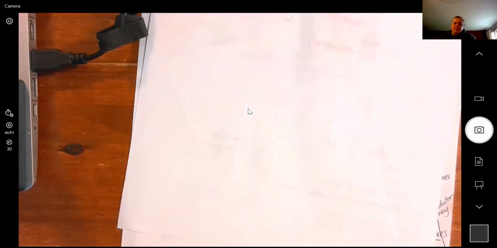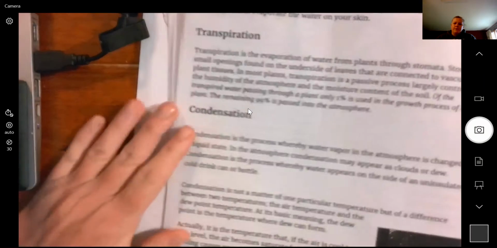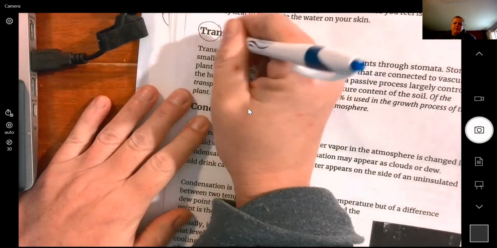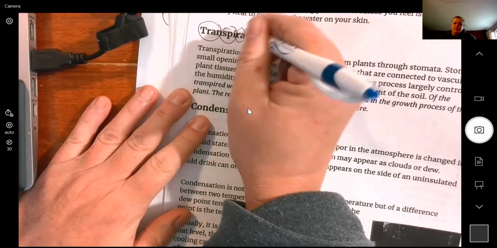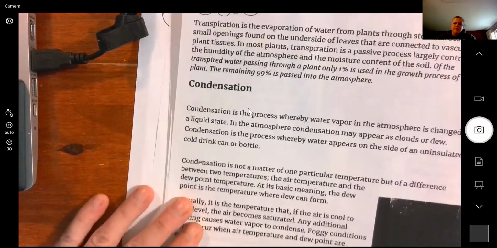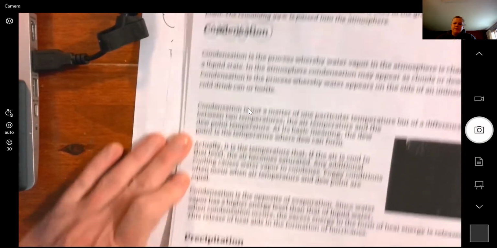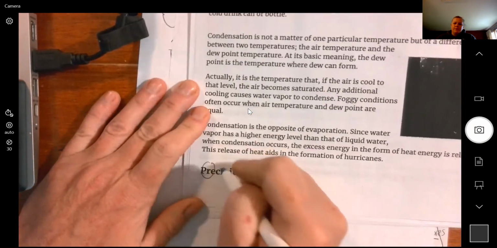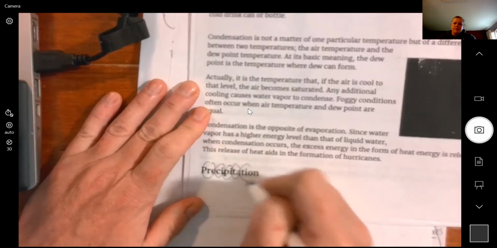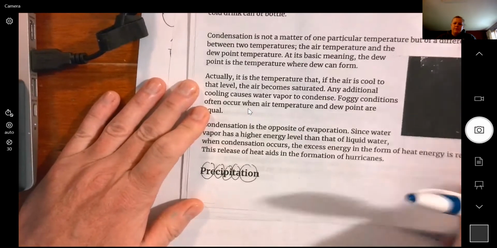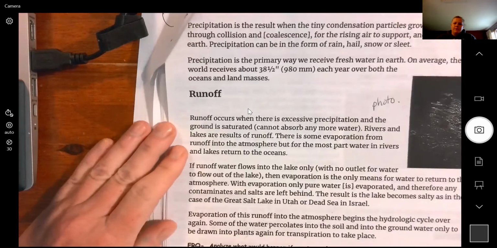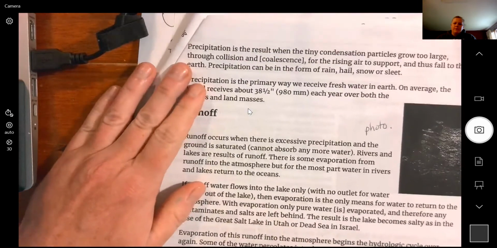Evaporation. And on our other side, transpiration, condensation, precipitation, and ooh, here's a really good word.